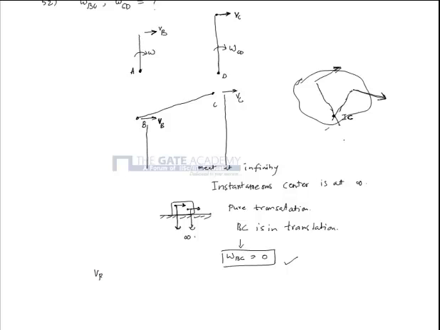Now it's in pure translation, so VB has to be equal to VC, and the velocity of B is basically R omega. So R of AB into omega equals R of CD into omega CD. R of AB is nothing but the length AB into omega. R of CD is CD into omega CD.